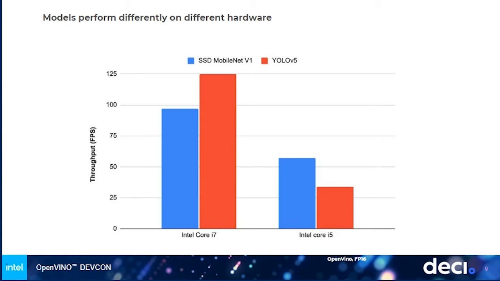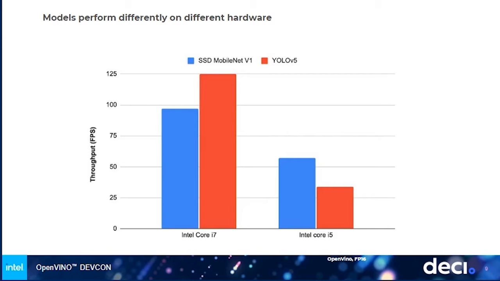Our first example is two famous detection models, YOLOv5 and SSD MobileNet V1. What we see here is two benchmarking results, one on Intel Core i7, one on Intel Core i5.